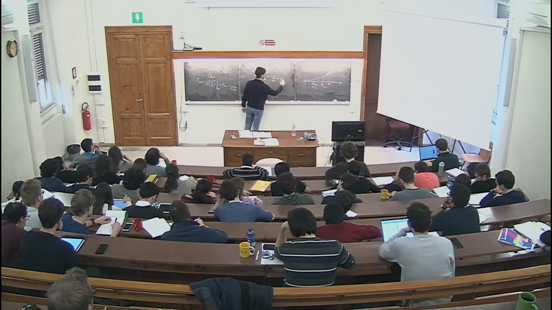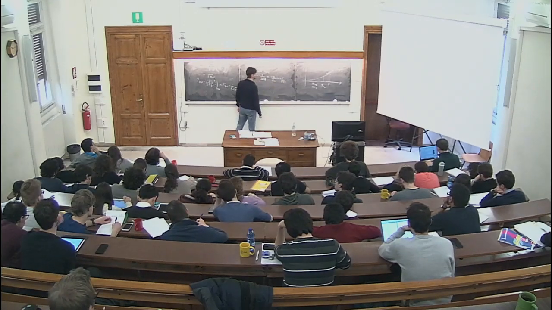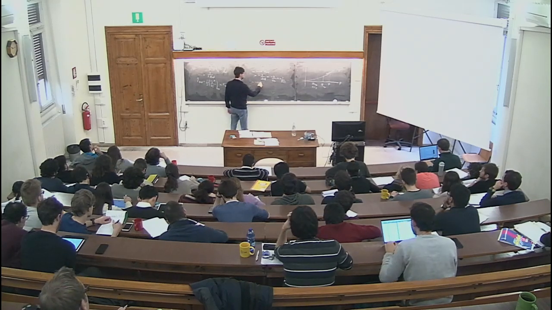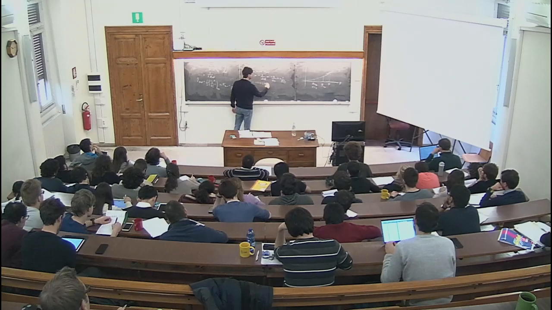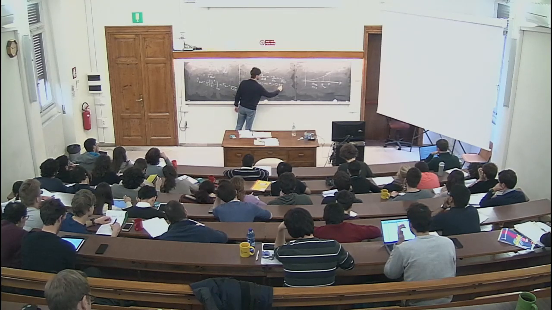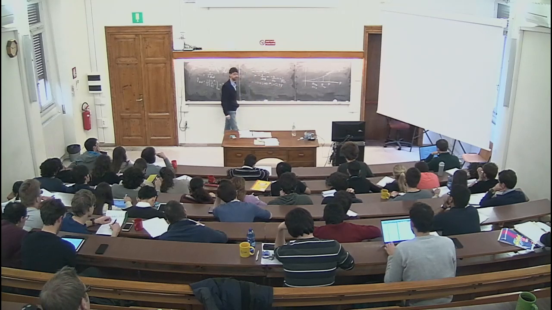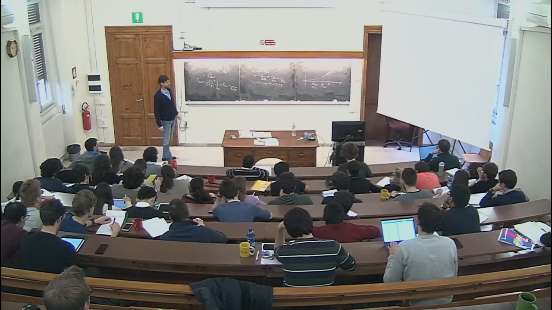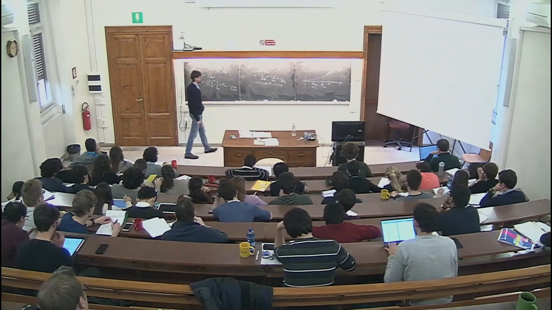It's minus 1 divided by 30. Okay, so it's minus 0.03, and this gives you n zeta equal to 0.97, which is an astonishing result, because the measurements are about that number.